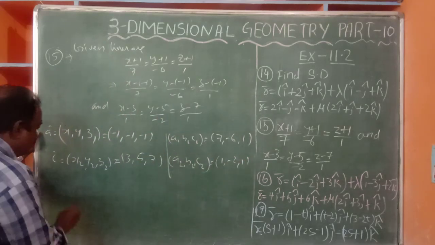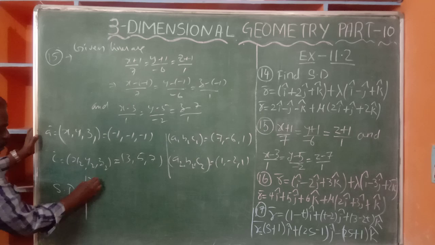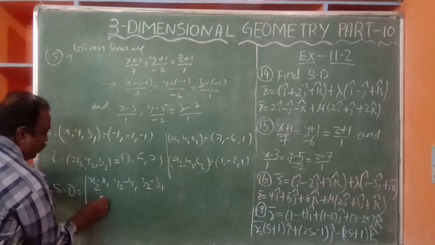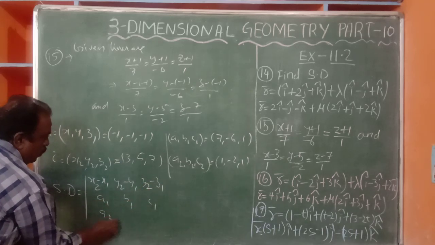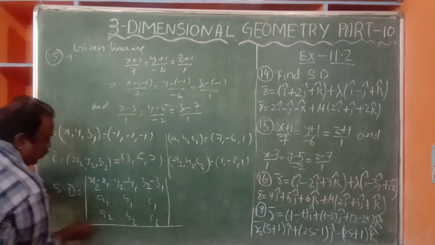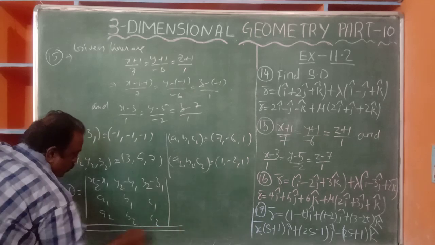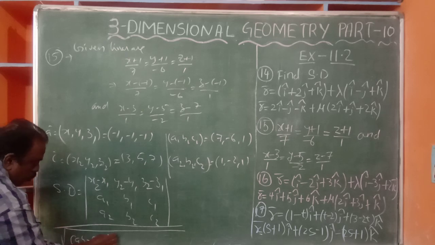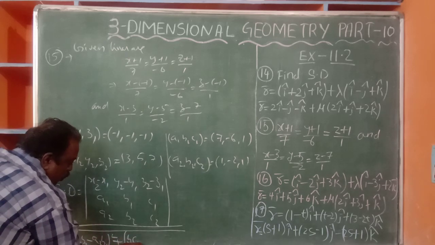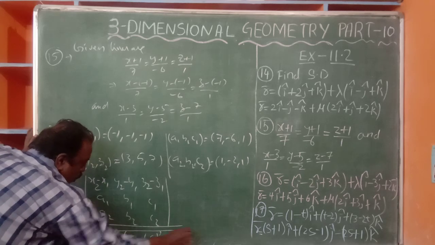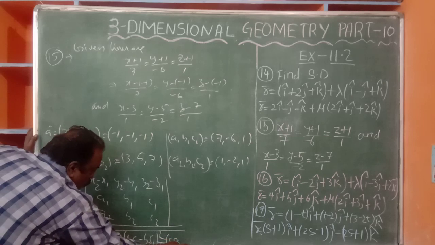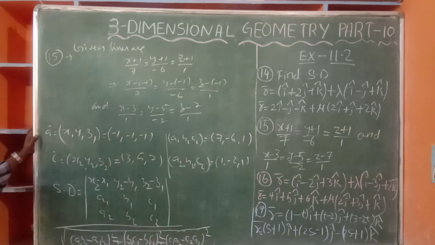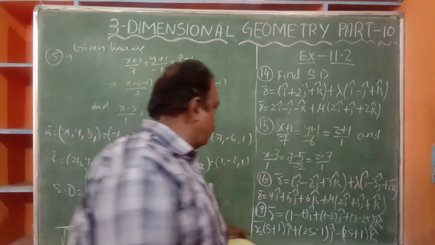Then the shortest distance SD is the determinant of x2 minus x1, y2 minus y1, z2 minus z1; a1, b1, c1; a2, b2, c2, divided by root of a1 b2 minus a2 b1 square, b1 c2 minus b2 c1 square, c1 a2 minus c2 a1 square. Okay? Like this, everything is there.